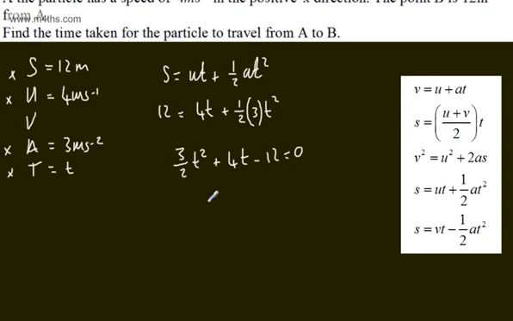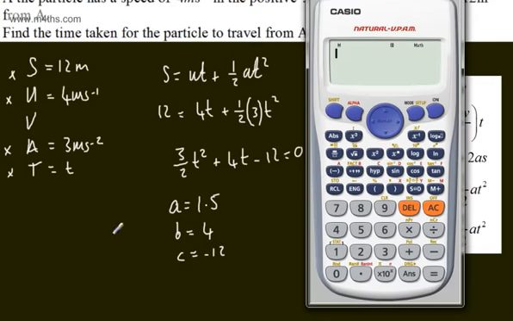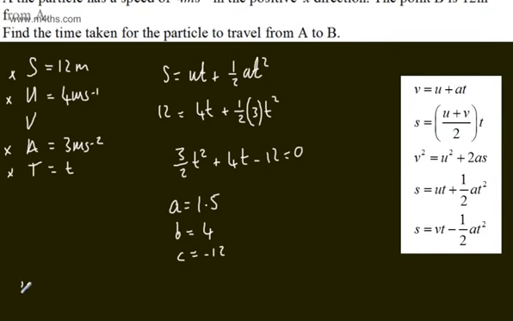Now, looking at this, I could try and factor it. Alternatively, I can just put this through the quadratic formula. So a is going to be 3/2 or 1.5, b is going to be 4, and c is going to be -12. If you've not met the quadratic formula, t is equal to -b plus or minus the square root of b squared minus 4ac, all over 2a.